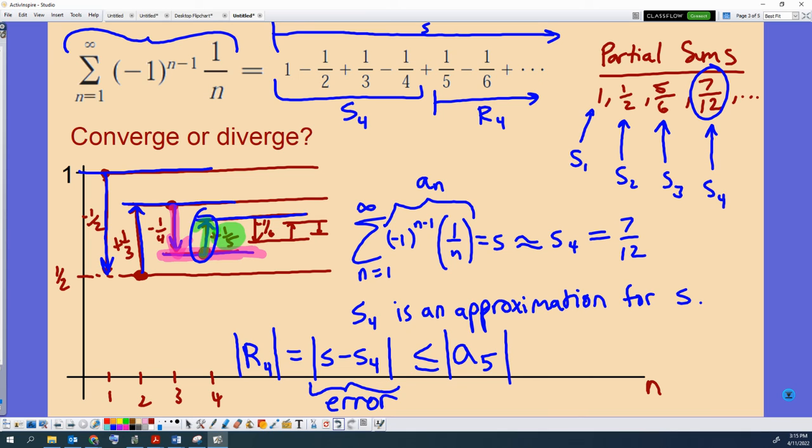We are simply saying that the magnitude of the error, or of the remainder, if you want to think of it that way, this is the same thing as this, and that magnitude is definitely no bigger than the next term. That's what this says. So here, let me throw those on there again. This is the next term that was unused in the sum, and it is our error bound.